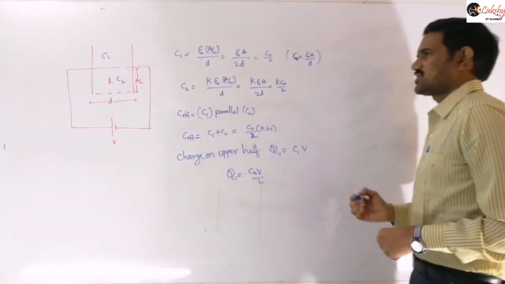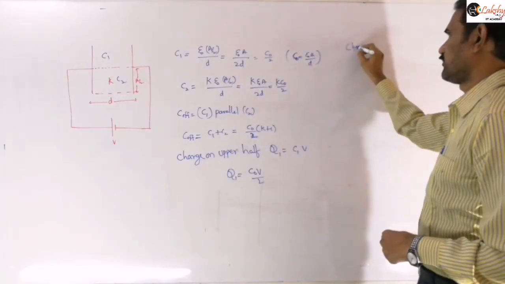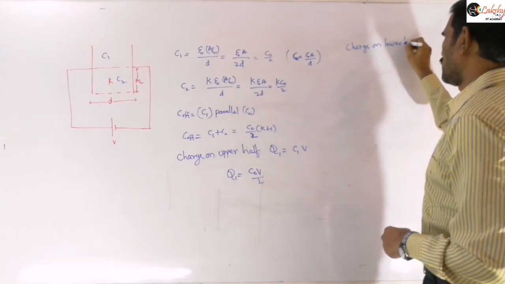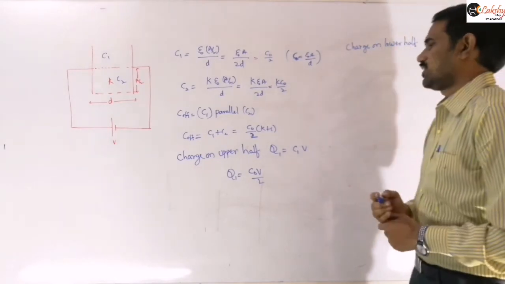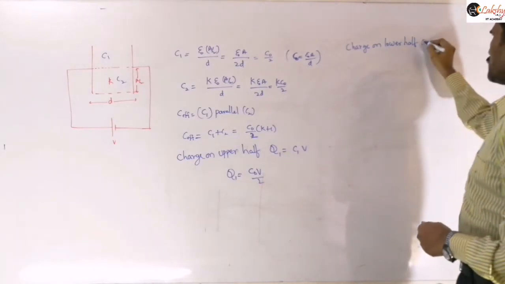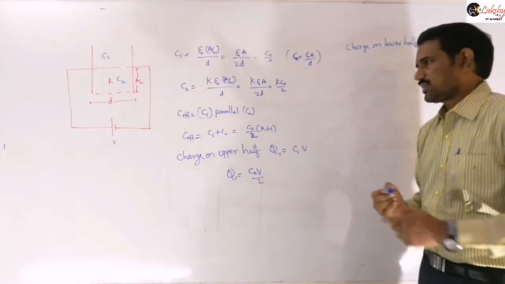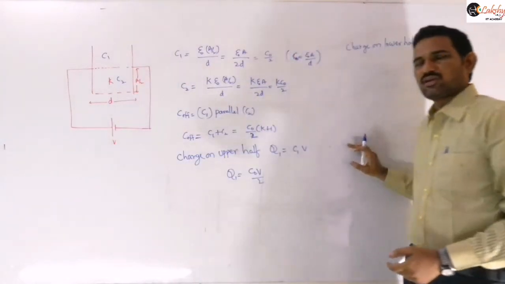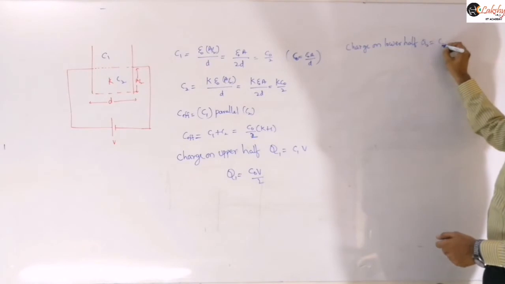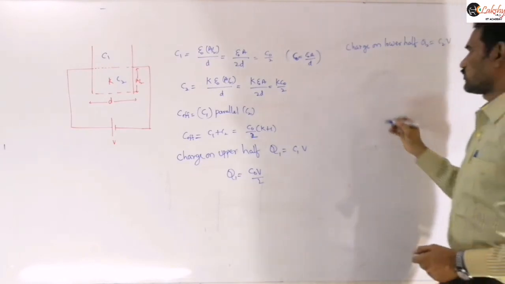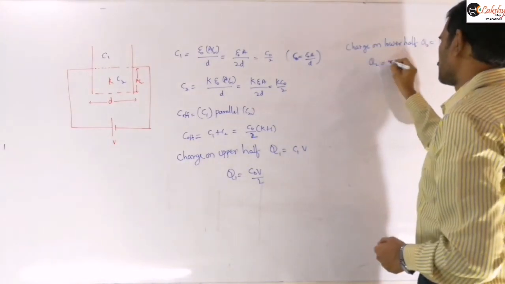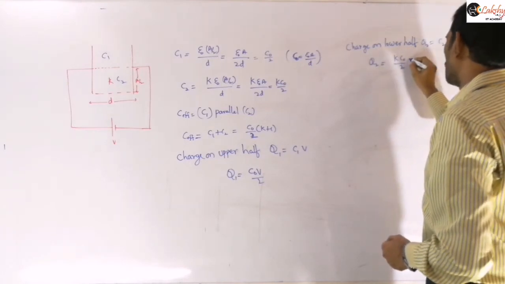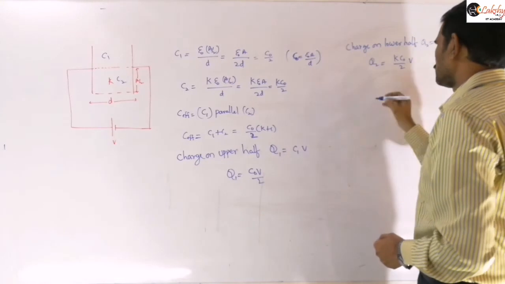And now let us write the charge on the lower half of this plate. This is Q2, and similarly the potential difference across C2 is also V only. Therefore I can write this as C2 into V, and substituting, the C2 value is K into C0 by 2, into V, right?